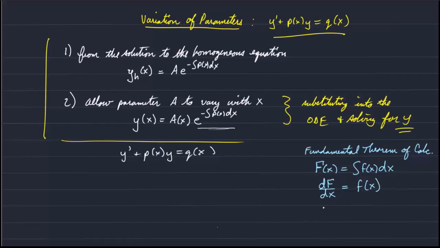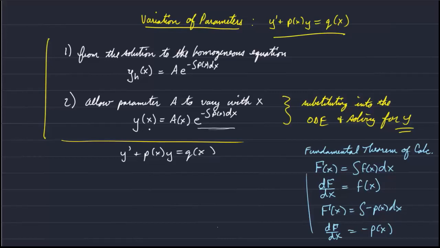Or in other words, if F of x is equal to the integral of minus p of x, which is relevant to our problem here, this integral is minus p dx. So I'll just bring the minus into the integrand here, then we know that dF/dx is equal to minus p of x. Okay, so let's just keep this in mind as we go through and apply this equation into the original ODE.